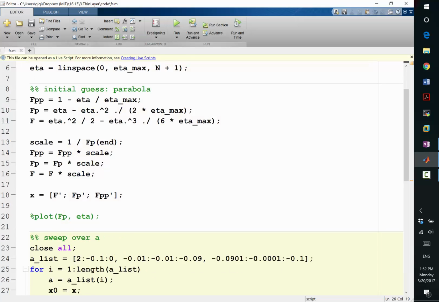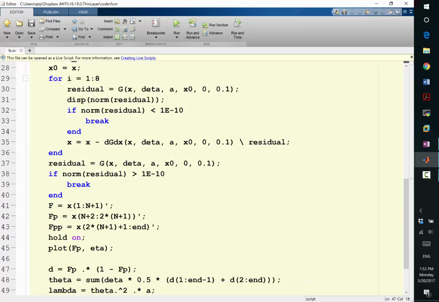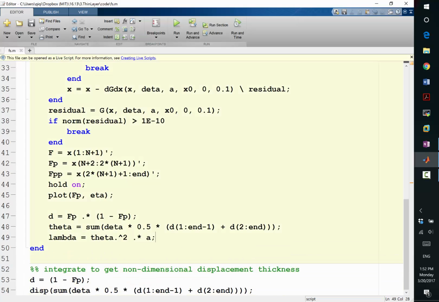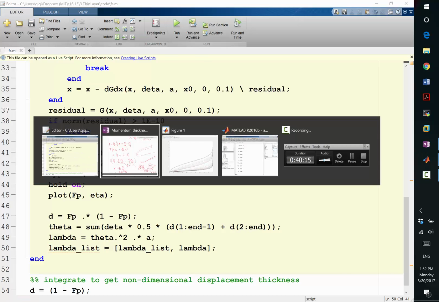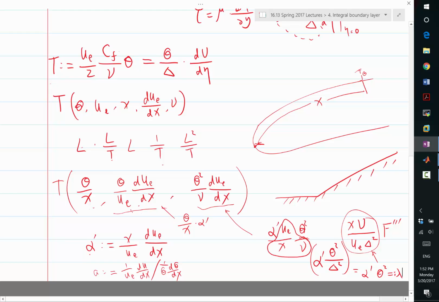Okay, so let me make a list of lambdas. The list is equal to blank to start with, and I'm going to say lambda list is equal to lambda list plus lambda. All right, so I'm adding 1 lambda onto the list. So that's good. We have the lambdas. We also need the corresponding t's, right?